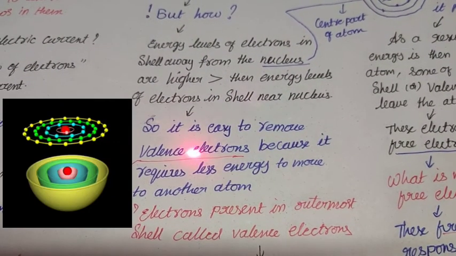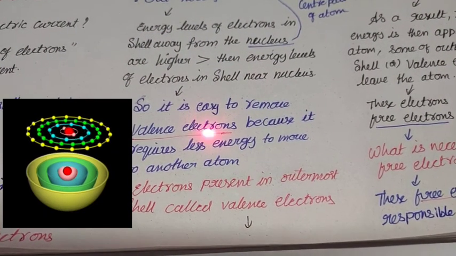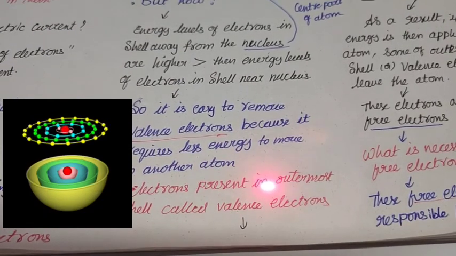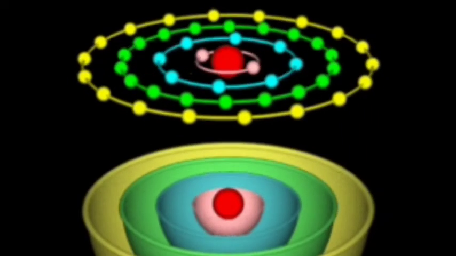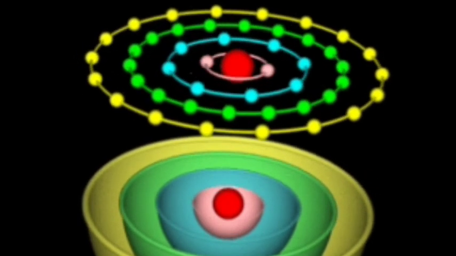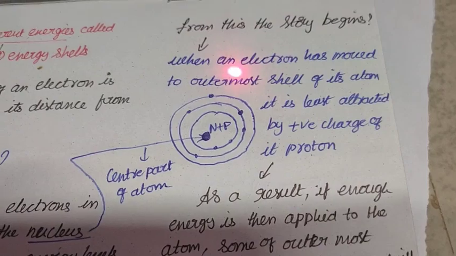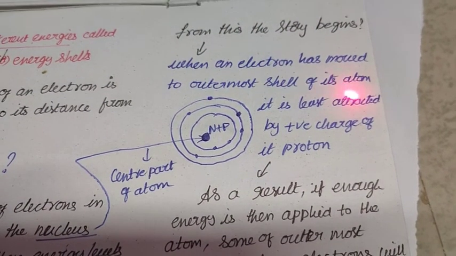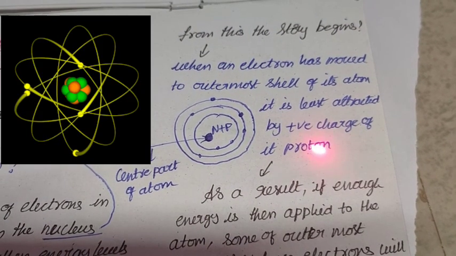Okay, but do you have a doubt about what a valence electron is? Let's find out. Electrons present in the outermost cell are called valence electrons. From this, the real story begins. When an electron has moved to the outermost cell of its atom, it is least attracted by the positive charge of its protons.